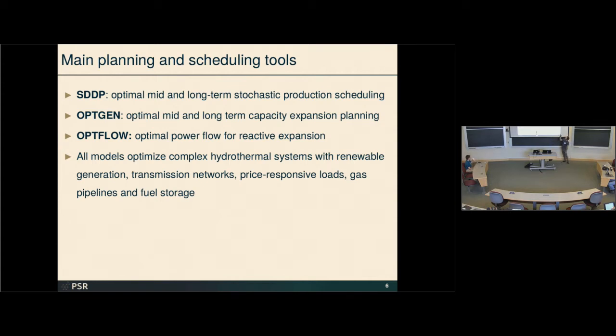We usually use that for reactive expansion. So everything mostly for hydrothermal, because we started in Brazil and it's a big problem. Brazil is like 70% hydro, and operating that in the correct way is very hard and very different from a pure thermal system.